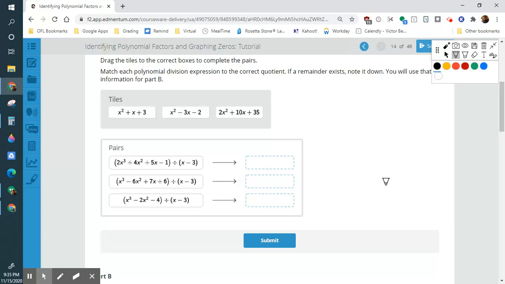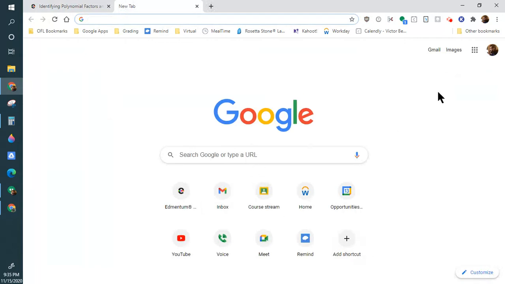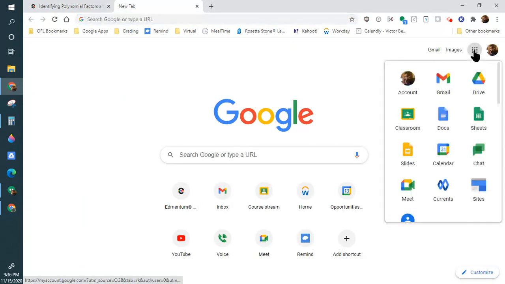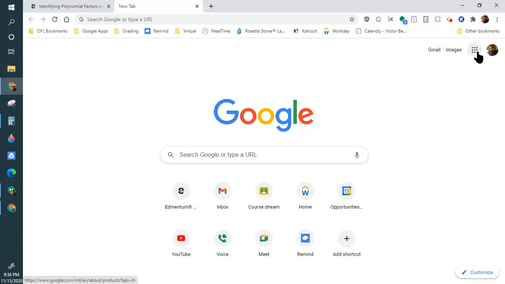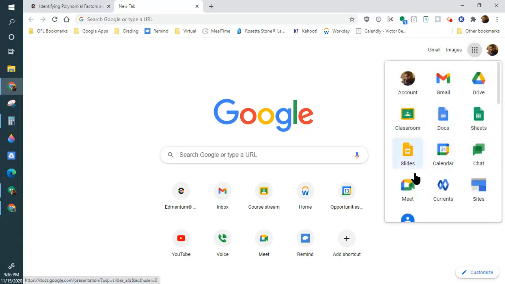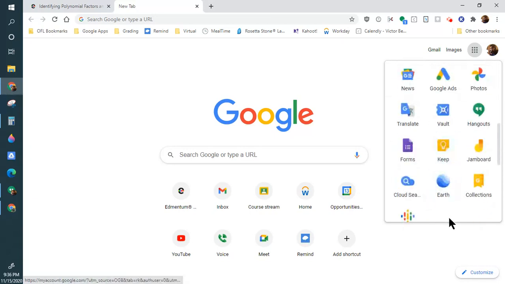Okay. So grab a piece of paper, or I showed the geometry class this. What you can do is, if you don't have paper at home, you can go on your Google, go on here, and you can either use, I like Jamboards.